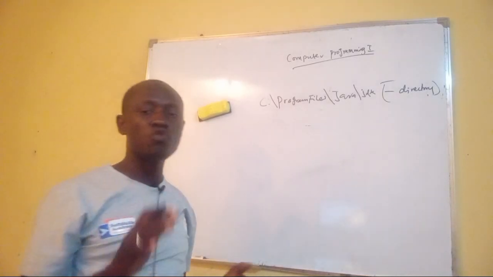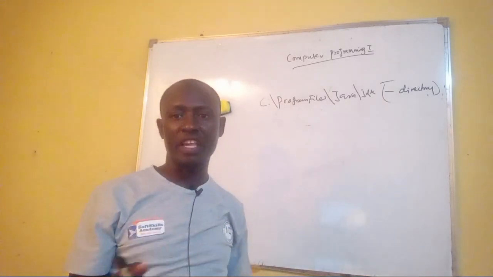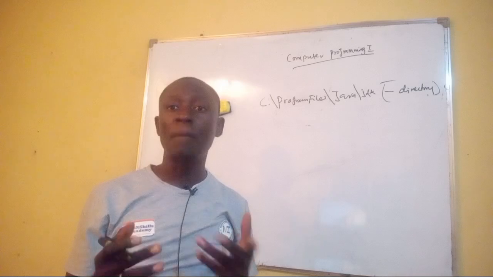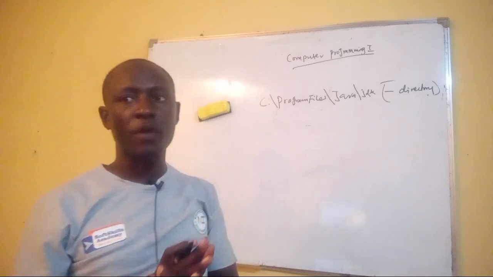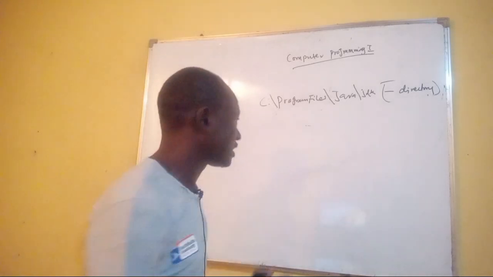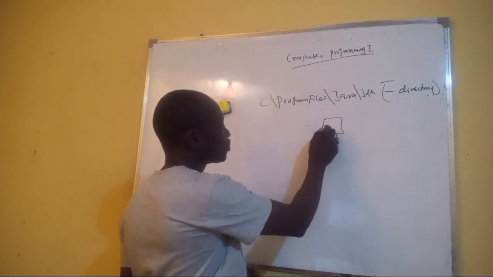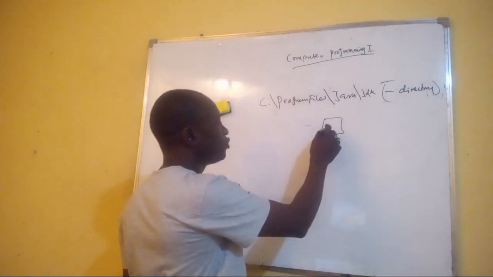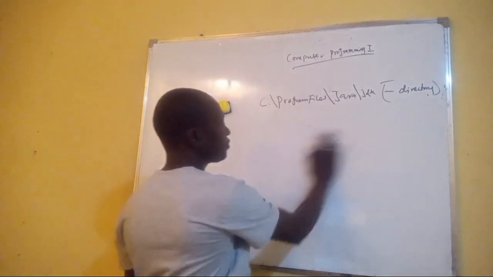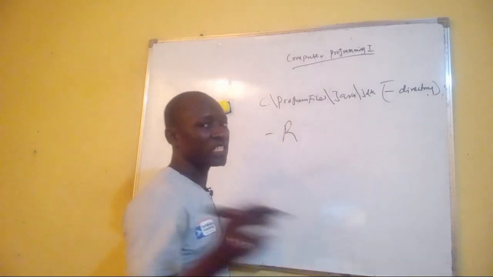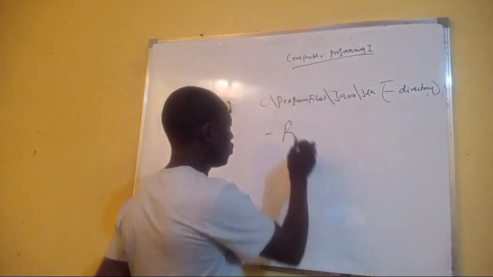What you are going to do is locate your computer, or what we call My Computer. You right click on My Computer and select properties. Assuming we have a system like this, some icons are here called My Computer. You right click on this, and that starts the process of setting the variable path.